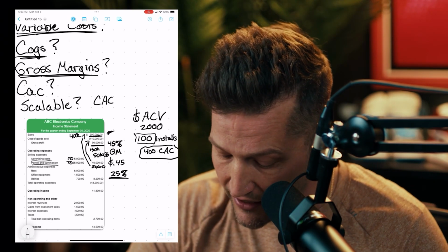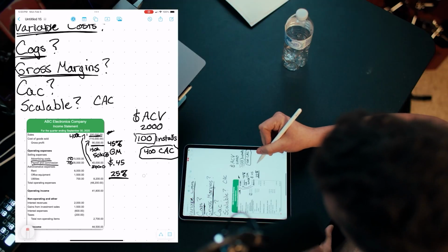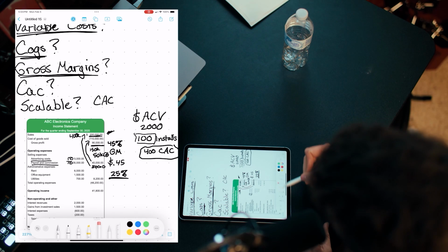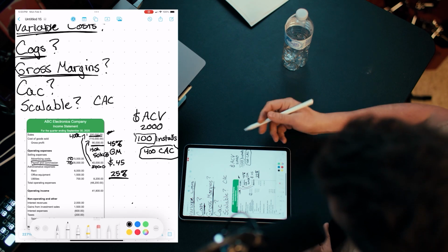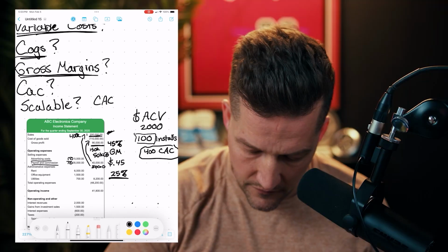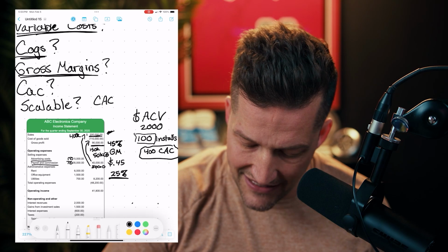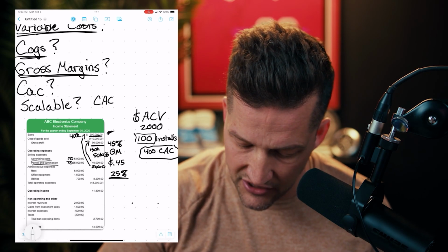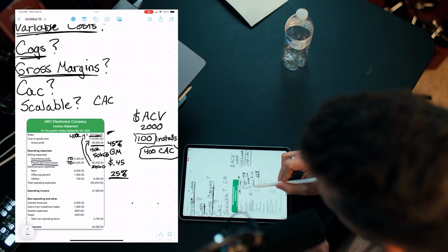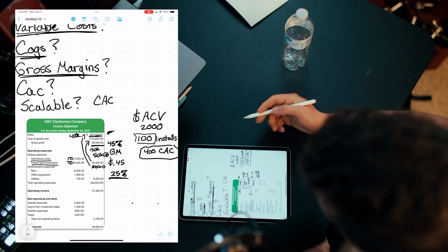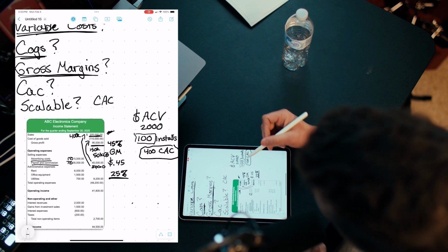So essentially, for every $1, this is what we call a ROAS, a return on ad spend. In this particular situation, we'd just be looking at marketing. So this would be $5,000.